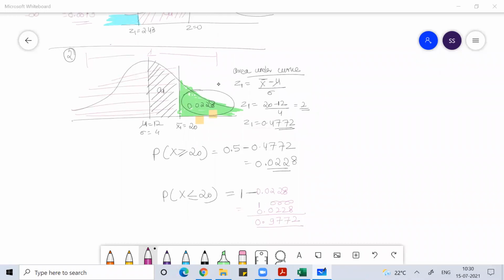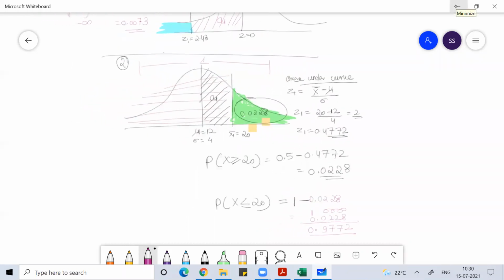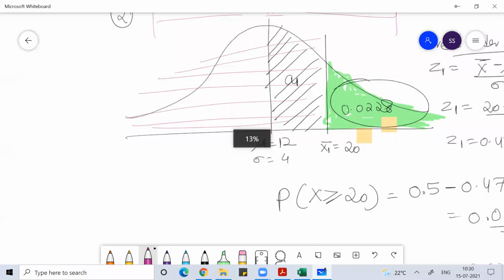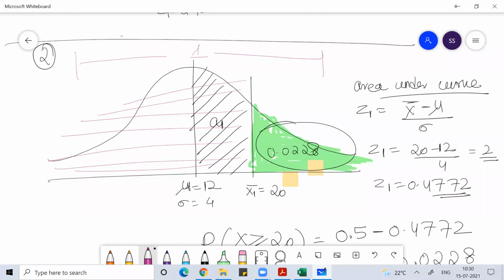Are you getting it, guys? So when you had to find the area greater than or equal to 20, always use this formula: x bar minus mu by sigma.